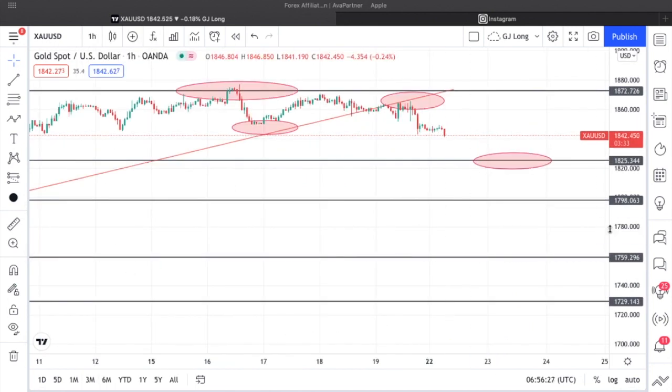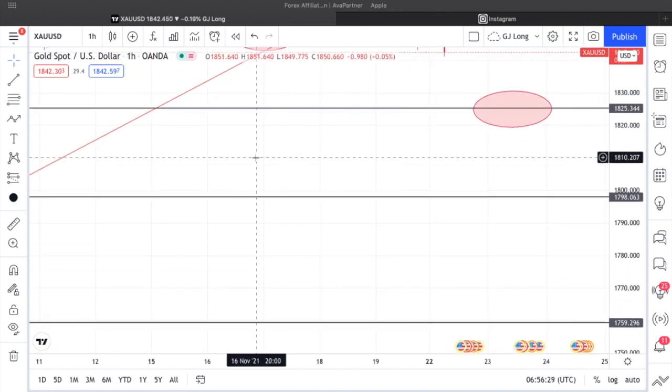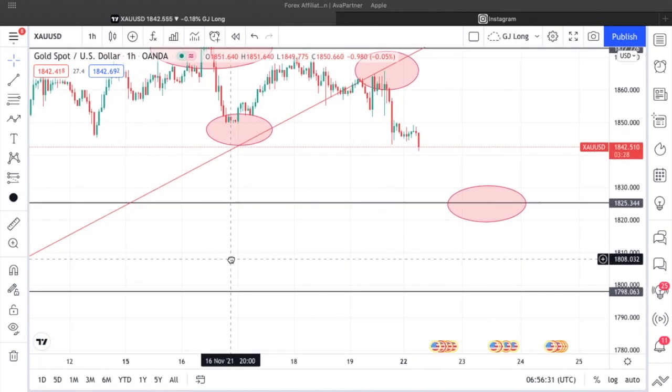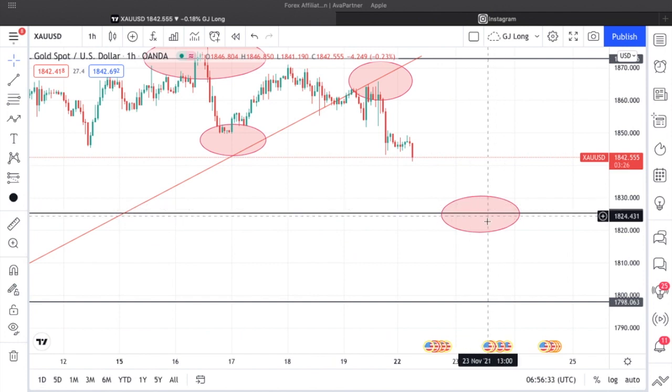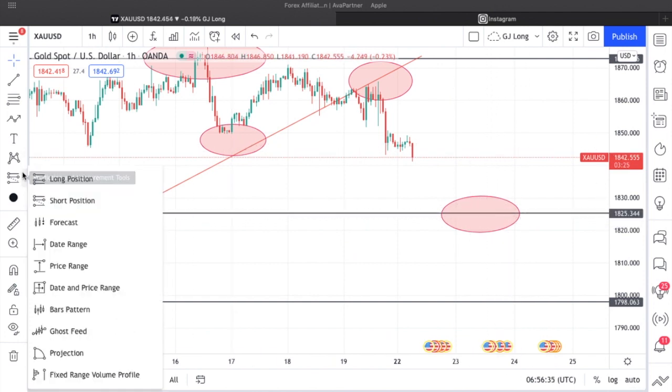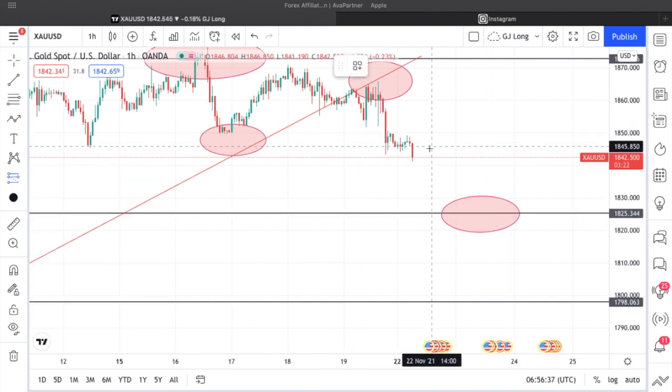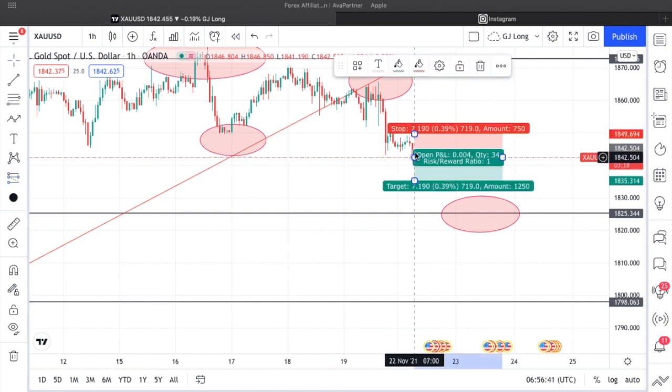And then ultimately, when you go to a smaller time frame, which is now our 1-hour time frame, you can see that you can get an entry at that level.